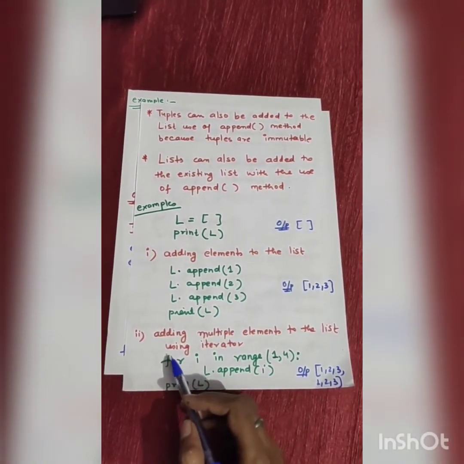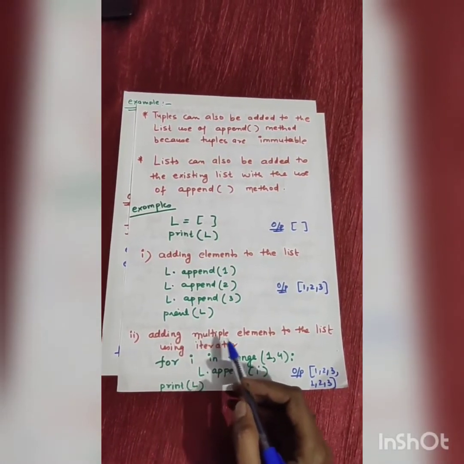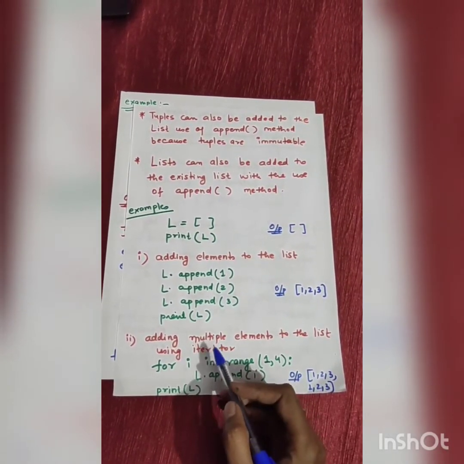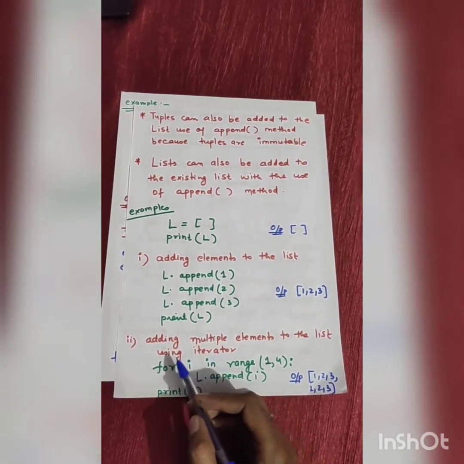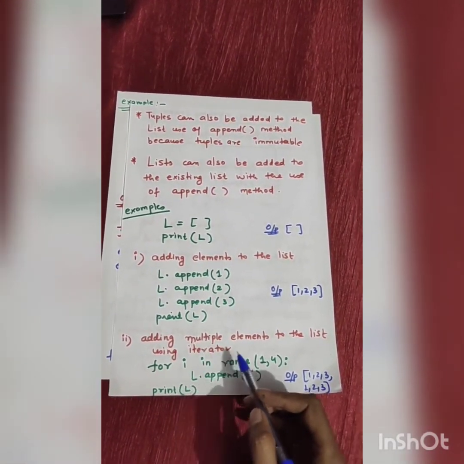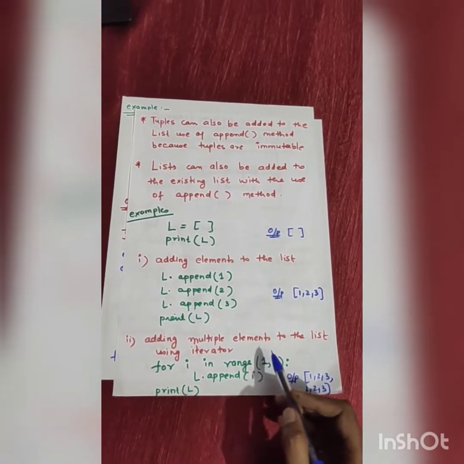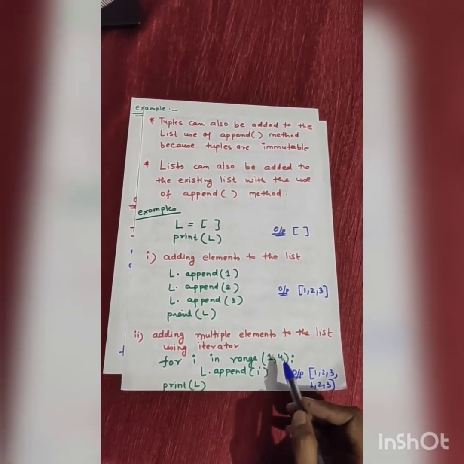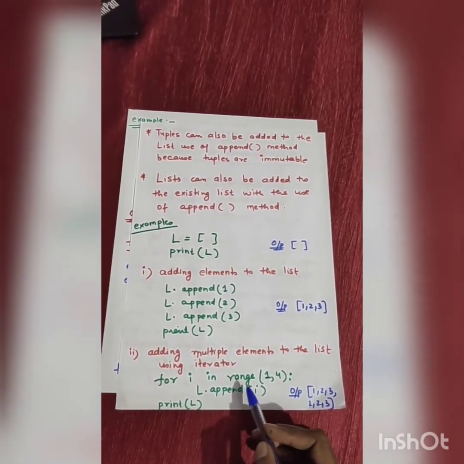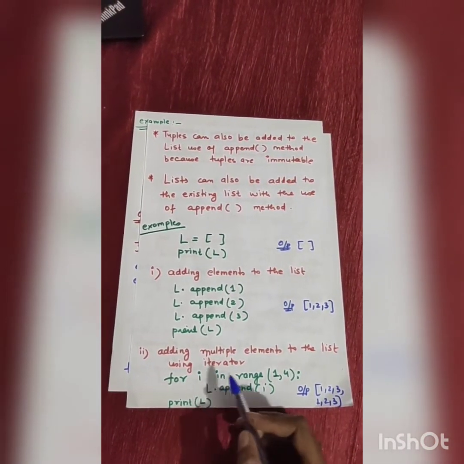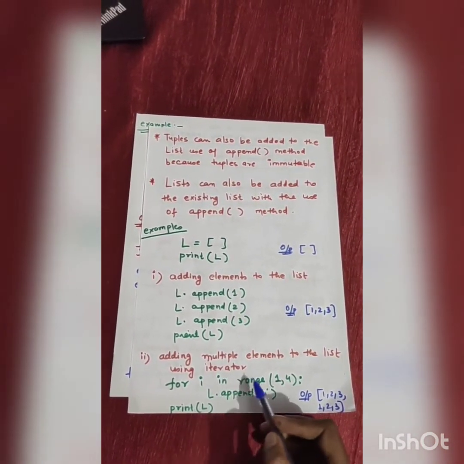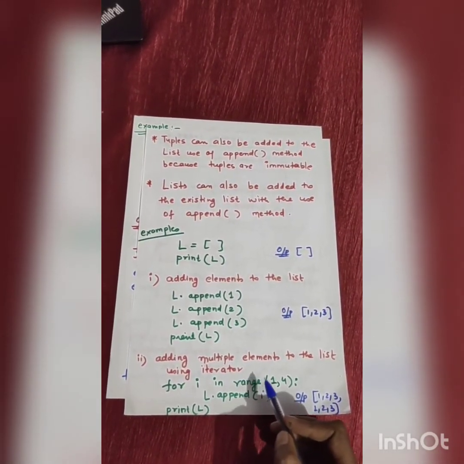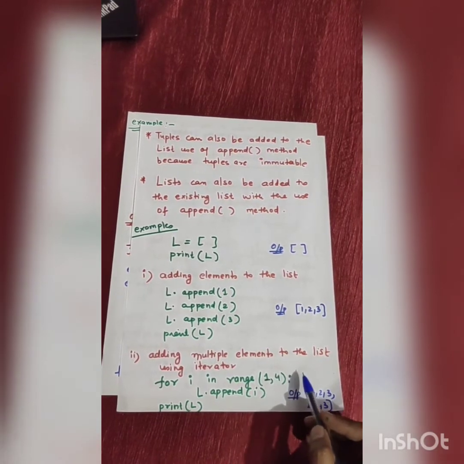Now second is adding multiple elements to the list by using the append method. Here we will use either an iterator or range or a loop. For i in range 1, 4, L dot append i. Here I am using this for loop. We know the function of range: range will go from the start to the end minus 1.